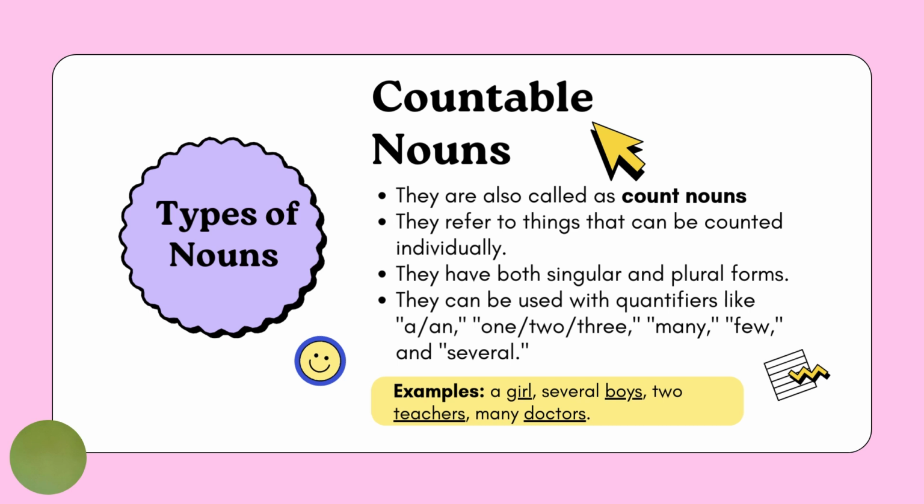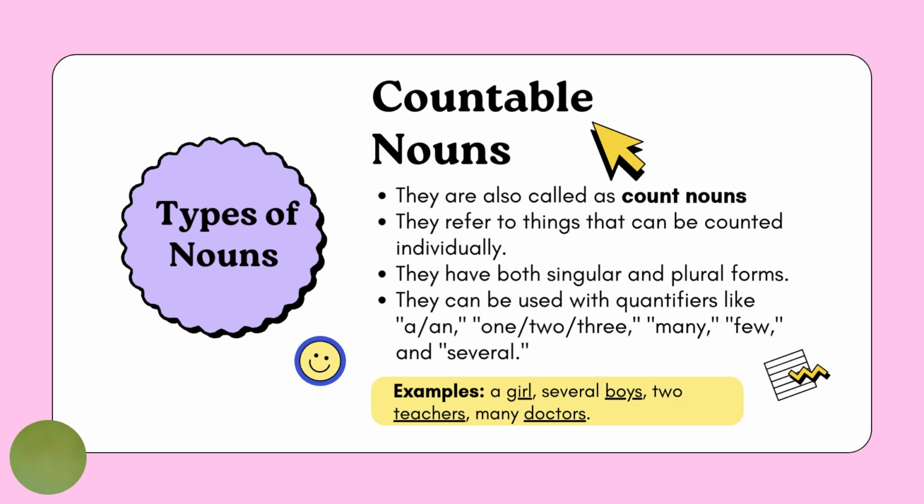It's also called count nouns. If you have other sources, other books for example, and they write count nouns, it's the same as countable nouns. So they refer to things that can be counted individually. You can say 1, 2, 3, 4.